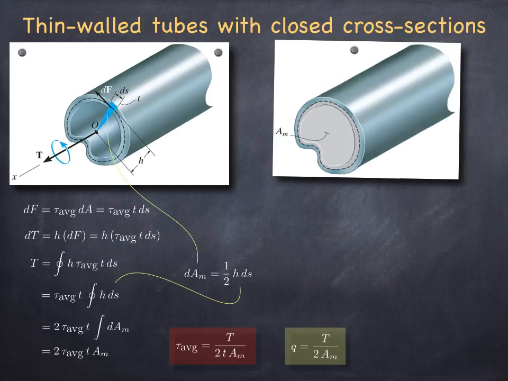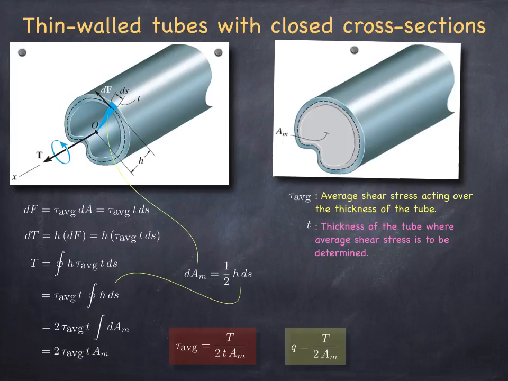And of course, shear flow will be just this quantity multiplied by t, and that's just a constant. So recapping what we have defined: tau average is the average shear stress acting over the thickness of the tube, t is the thickness of the tube where the average shear stress is to be determined, and Am is the mean area enclosed within the boundary of the center line of the tube's thickness.